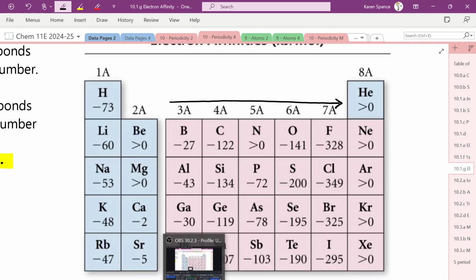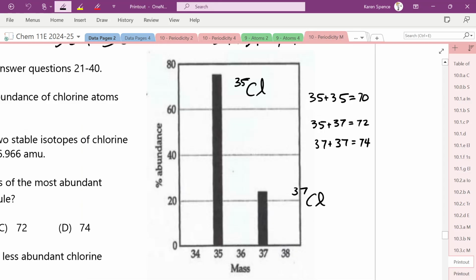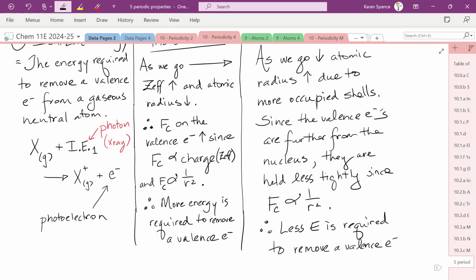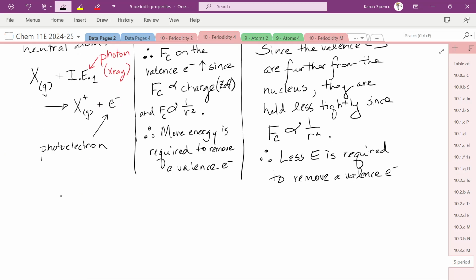So we could add to our little chart here.